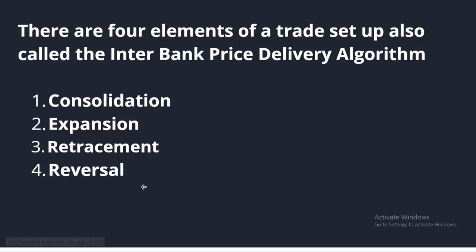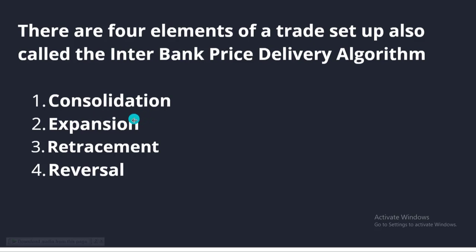There are 4 elements of a trade setup: the first is consolidation, then expansion, retracement, and reversal. This is how price is delivered on any asset. Price is either in a consolidation or price moves away from a consolidation and creates an expansion near term.